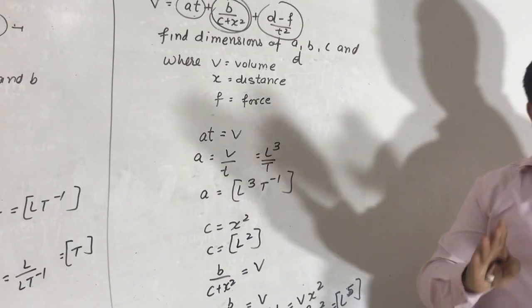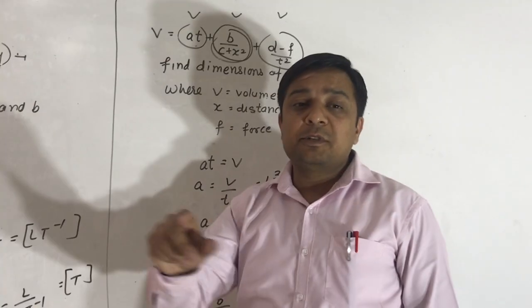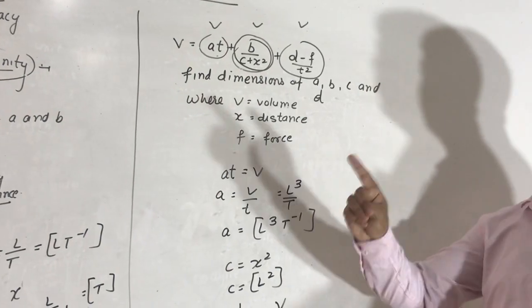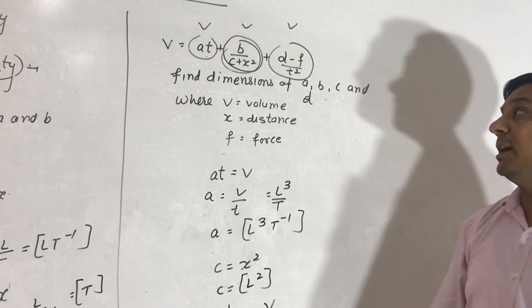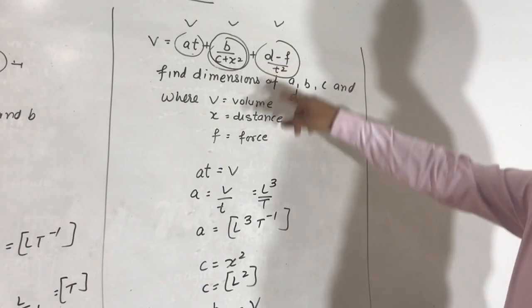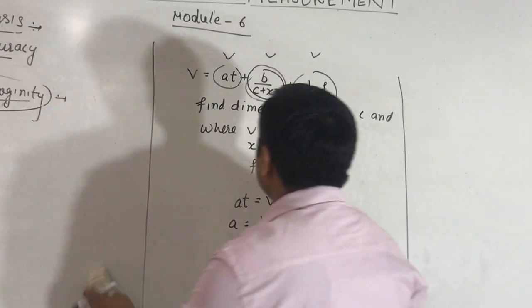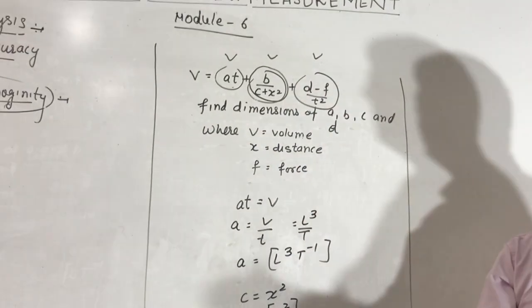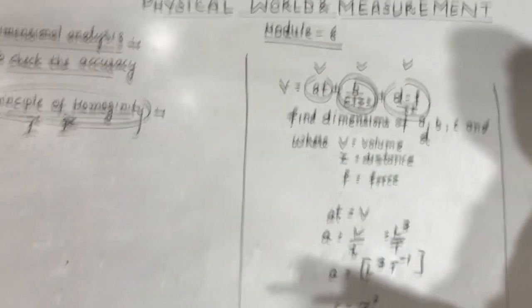Dear students, I have already told you one thing. According to the principle of homogeneity, always remember one thing. First of all, look towards the sign of plus and minus, where you will find the sign of plus and minus, 90% work will be completed. Here, D minus F. Here, the sign of minus means same nature of quantity can be subtracted from same nature of quantity.